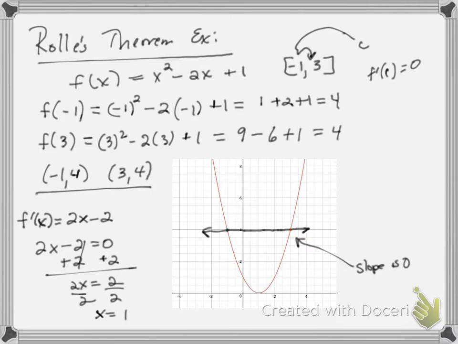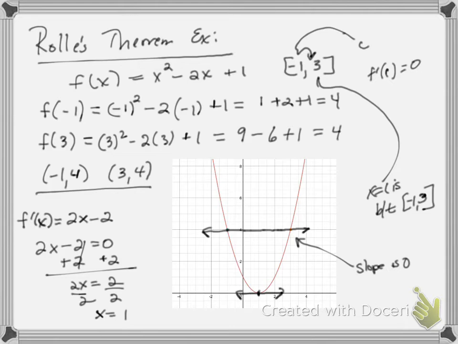So I see that x equals 1 is between -1 and 3. So if I take the derivative of the graph at this point, that means I'm looking for the slope at that point, then my slope is equal to 0.